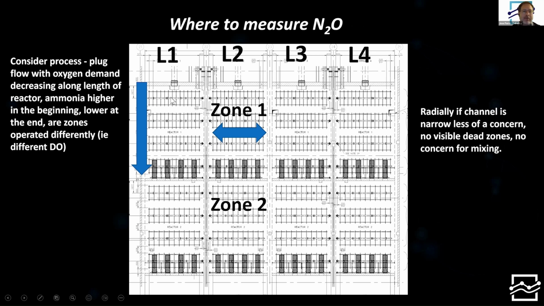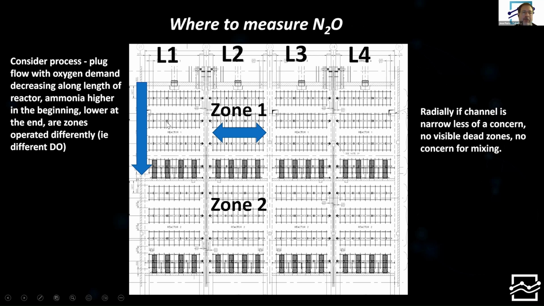So if you have plug flow conditions, like in this particular example, you want to be making sure you're measuring in the beginning of the lane, but also towards the end to get the full picture. Because if you have lower concentrations, and assuming you're operating at similar risk, you're going to have lower emissions.